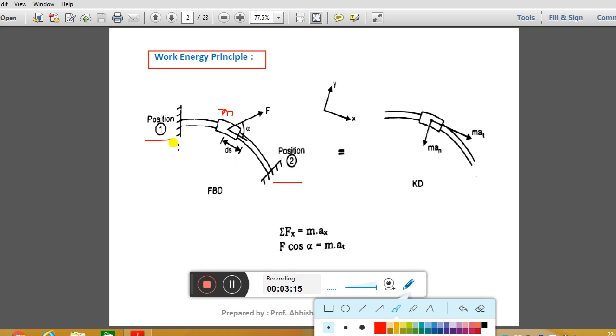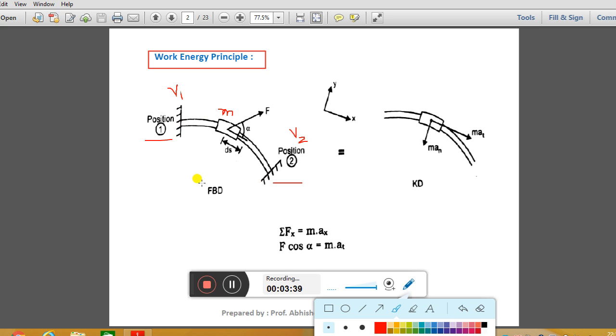When the collar is at position 1, it has velocity v1, and when the collar reaches position 2, it has a new velocity v2. This collar is moving on a smooth curved guide kept on the horizontal plane.